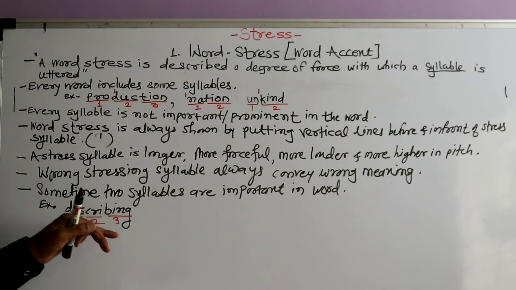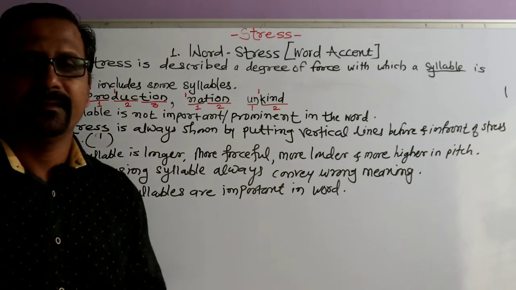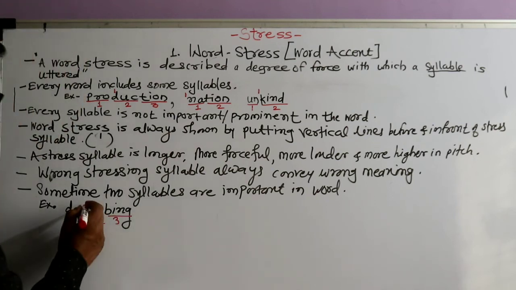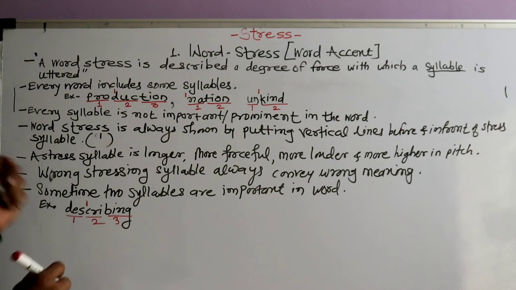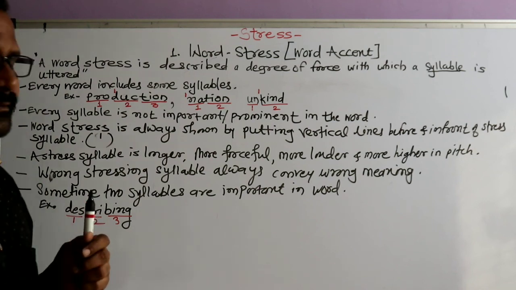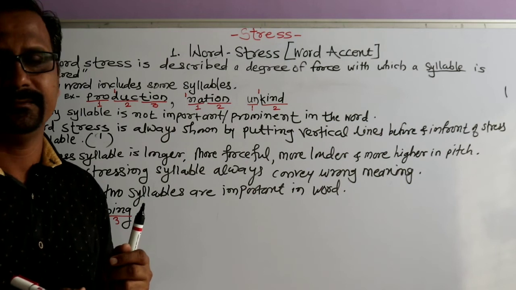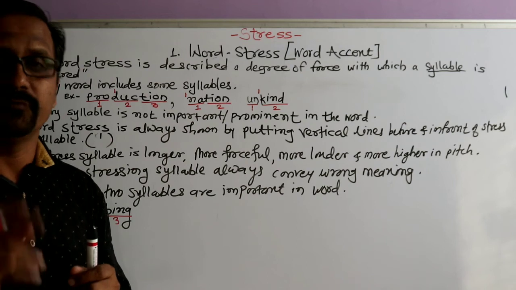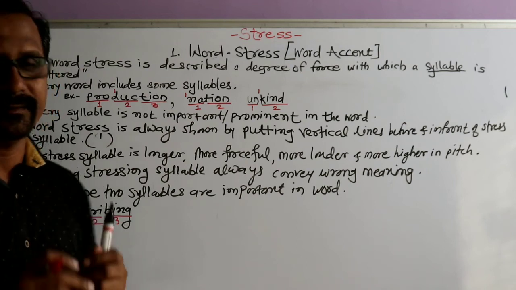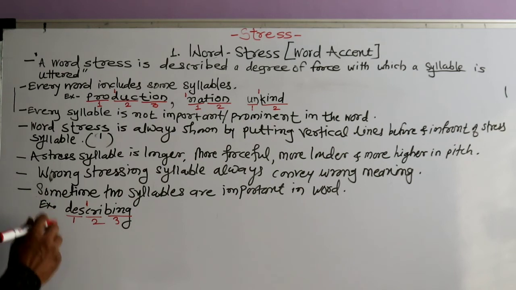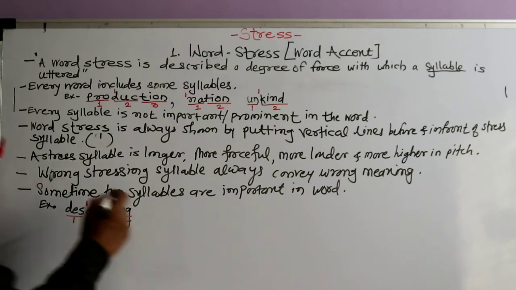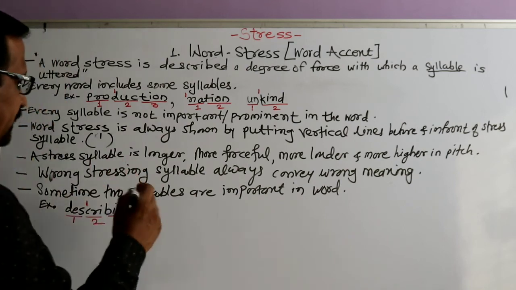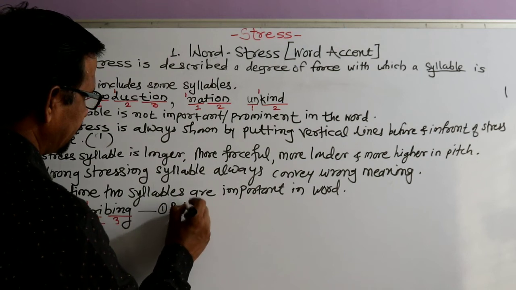So this word has three syllables and two of them are very important. The pronunciation is like this: describing. The second syllable, cry, is very important there. But one more syllable is also important, and that is the first one. The first one is the secondary syllable and cry is the primary syllable.